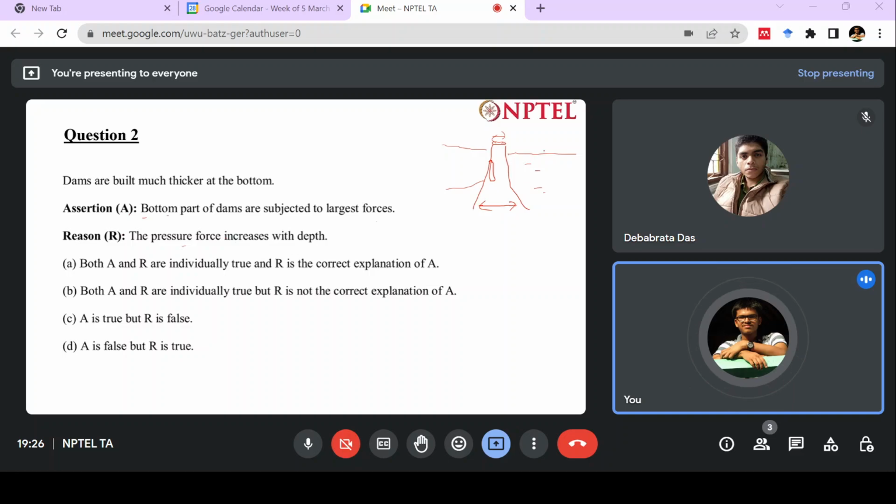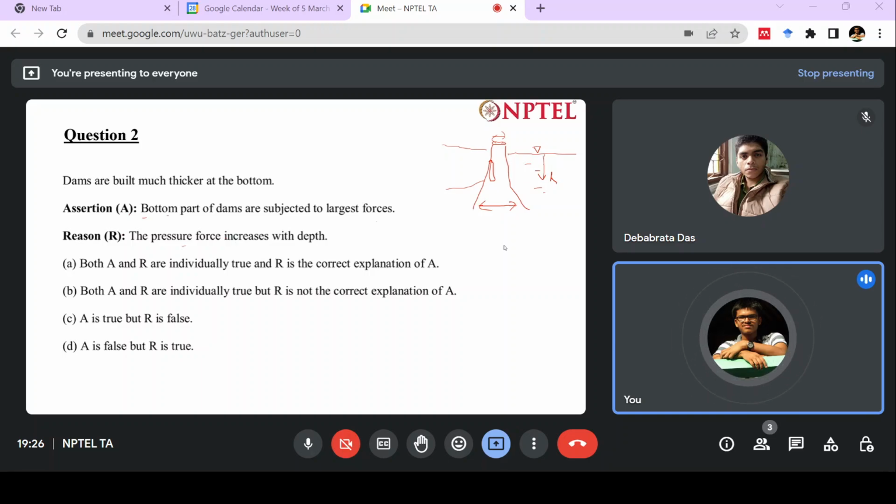We know that from the free surface, where atmospheric pressure is acting, however deep we go, whenever the depth H increases, the pressure will increase. At the bottom, it is much farther away from the free surface, so the pressure due to the water level above that particular point is much higher.